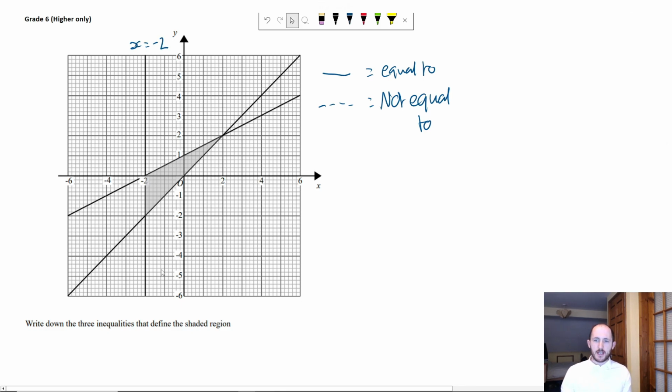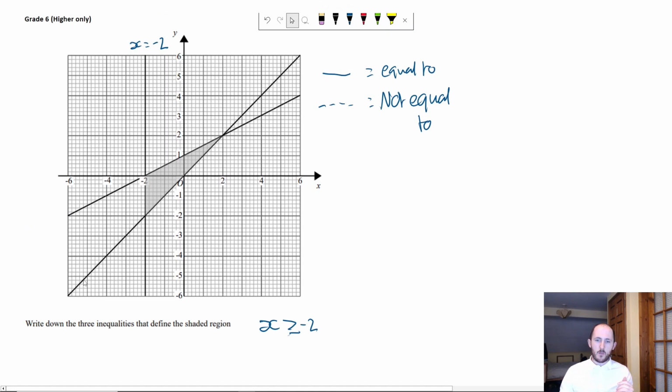Now, if I look at the shaded region, is that to the left or to the right of x equals -2? Well, it's to the right, isn't it? And to the right is when x values get bigger. So you're going to write x is bigger than -2. And again, it's equal to in this case, because it's a solid line. Okay? Cool. So we've done one. That's already 1 mark done.